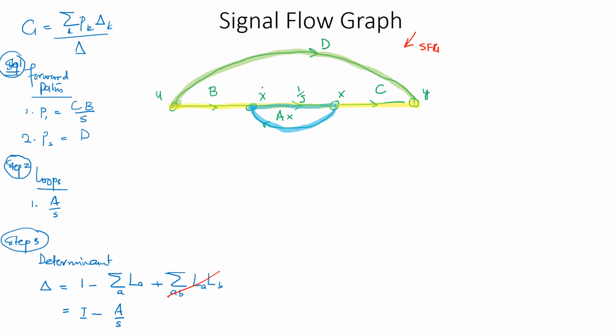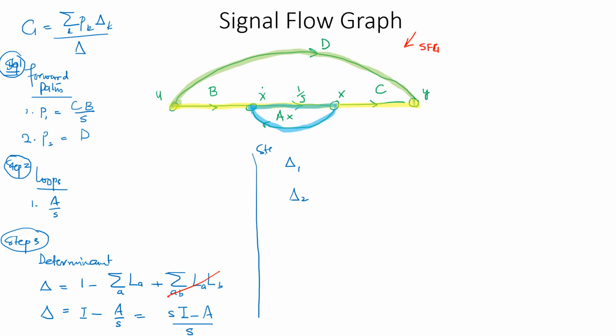With this realization, once manipulated, this is going to be (SI minus A) over S, the determinant for this particular system. Moving on, now we have to see for the two forward paths what are going to be delta 1 and delta 2.